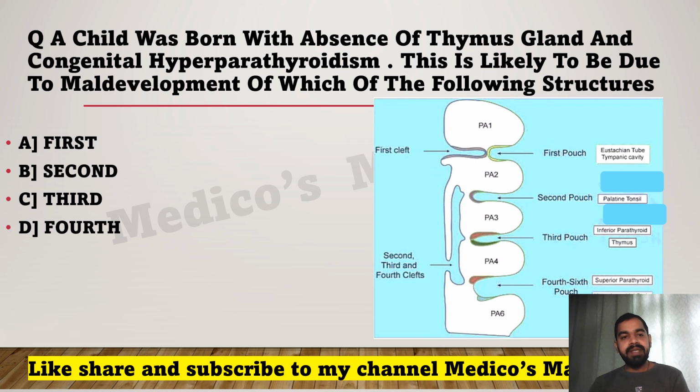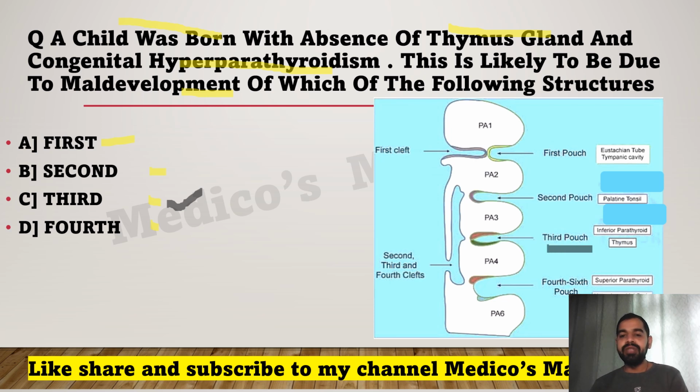So here the question is, a child was born with absence of thymus gland and congenital hyperparathyroidism. This is likely to be due to maldevelopment of which of the following structures? First, second, third, or fourth. So my dear friends, here the correct answer will be option number C, that is third pouch.